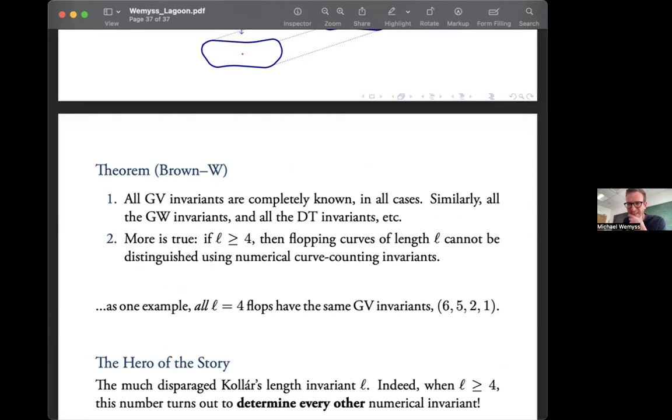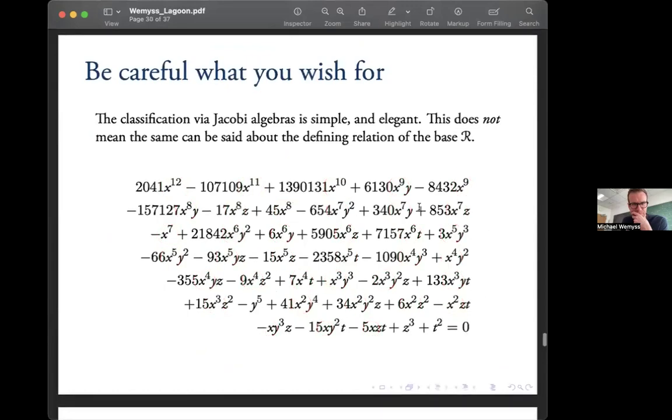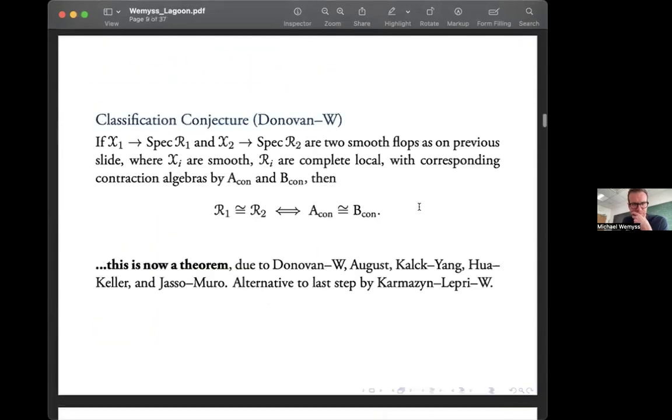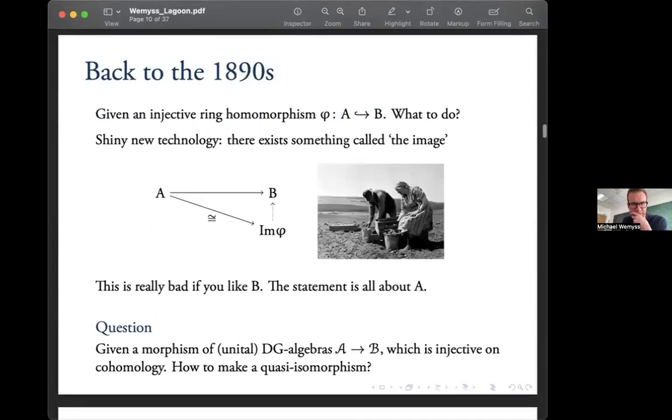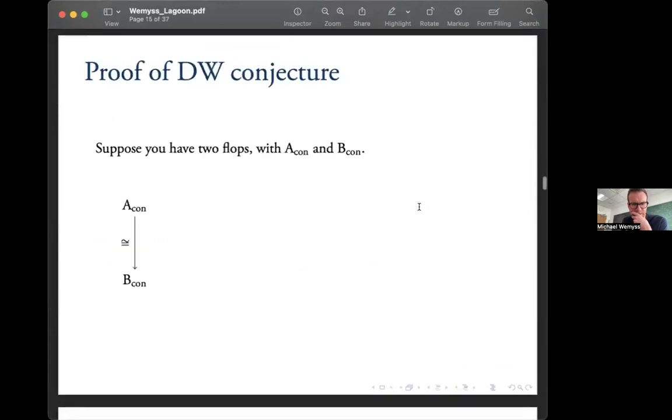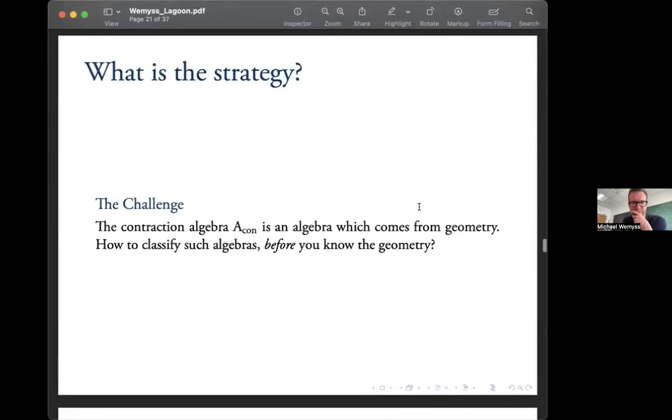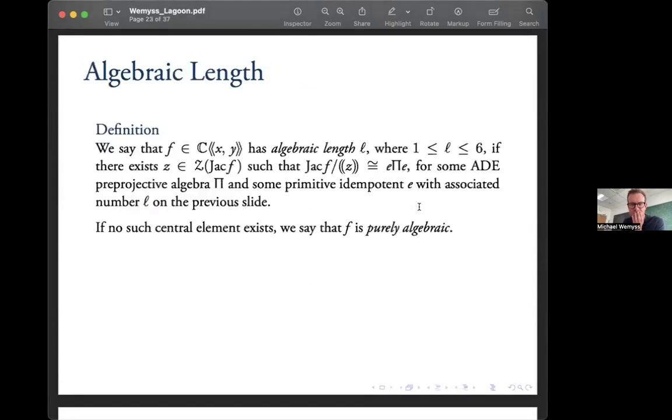A question about the definition of these algebraic numbers. Basically, you have your non-commutative algebra in X and Y, you consider an arbitrary polynomial and the Jacobian algebra, which is a rather complicated object, I suspect. Then you're interested in particular factor algebras that come from central elements.